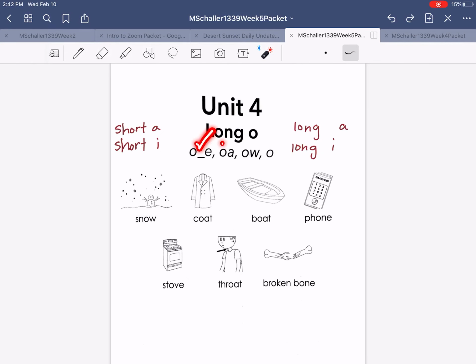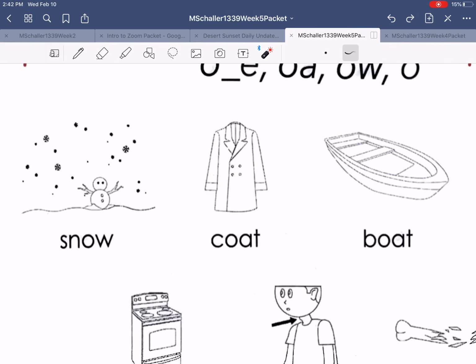Okay, we did this one and this one. Now O-W. Sometimes sound O. W, not a vowel, but sometimes O-W together sound O. Like here, in the word snow. S-N-O-W, snow.